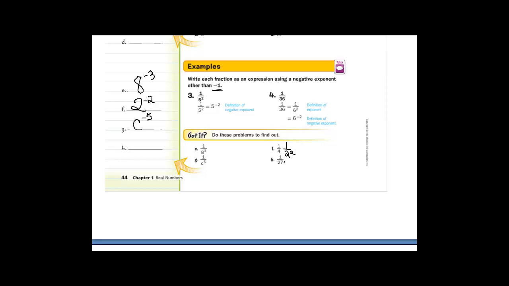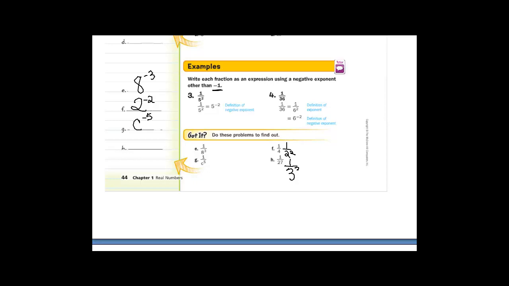This one, other than 27 to the negative 1, which it says right here it does not want, I would write that as 1 over. Now, nothing squared is going to give you a 27, obviously, because it's an odd number. So you might have to think about other exponents. So especially since this is a small number, your base is going to be a very small number. Let's try 3. 3 times 3 is 9, times 3 is 27.